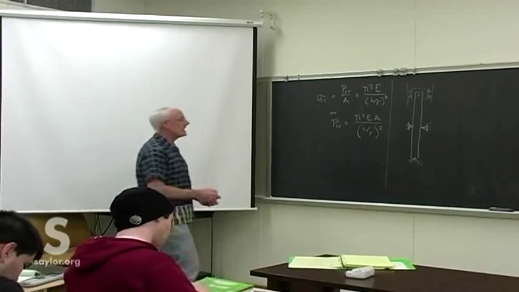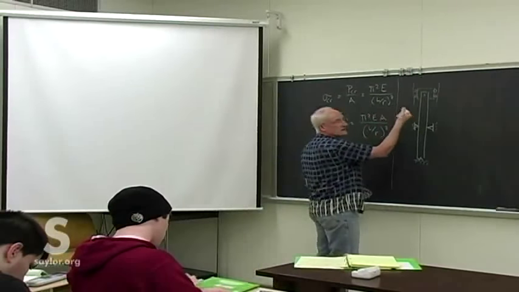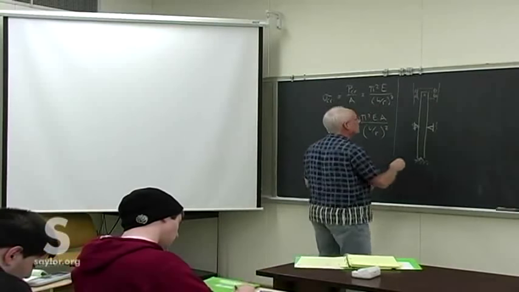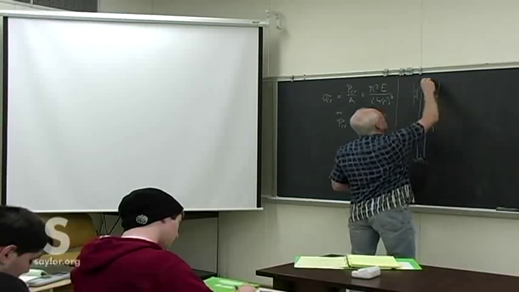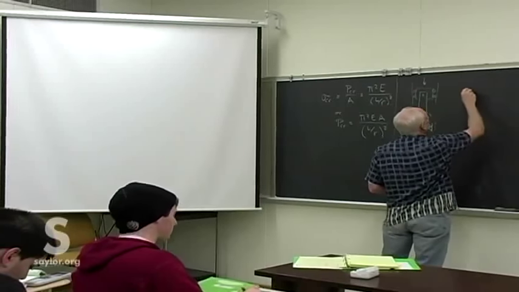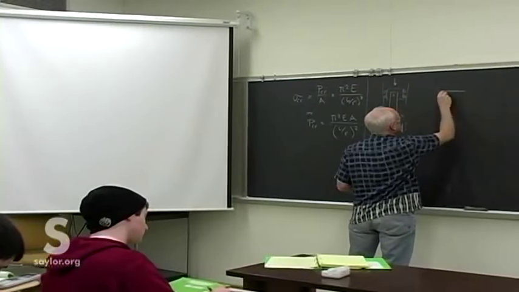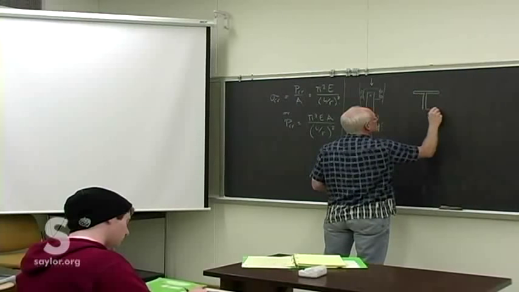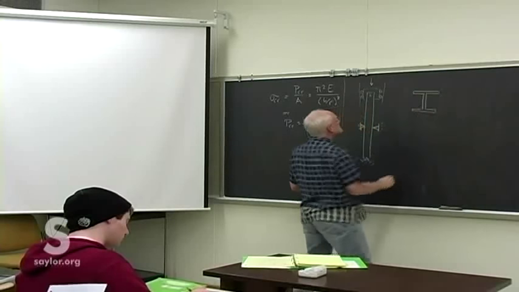However, since it's an I-beam, it depends upon which way the I-beam is turned. So we're going to look at it as if we're looking straight down, and we would see the I-beam. Looks something like that.